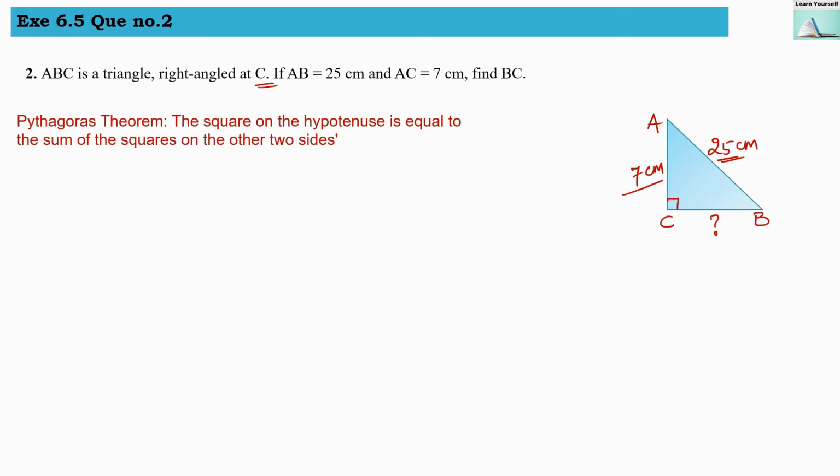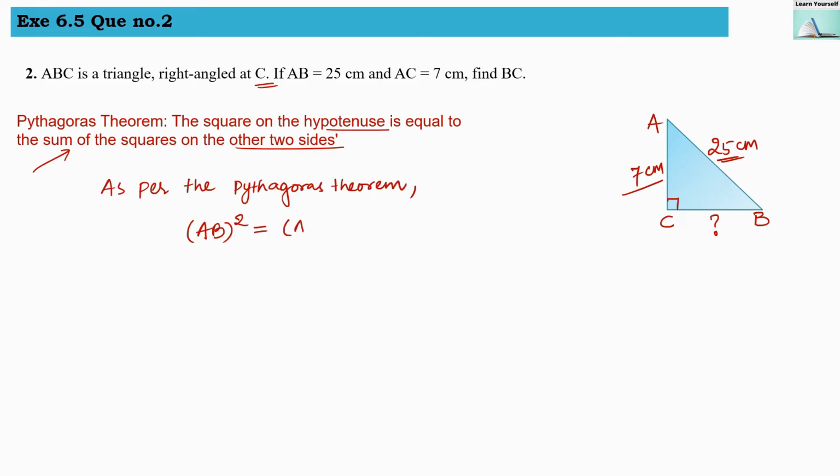So as per the Pythagoras theorem, the square on the hypotenuse is equal to the sum of the squares on the other two sides. So we can write AB square equals AC square plus CB square. Now let us insert the values. So it is 25 square equals 7 square plus CB square.